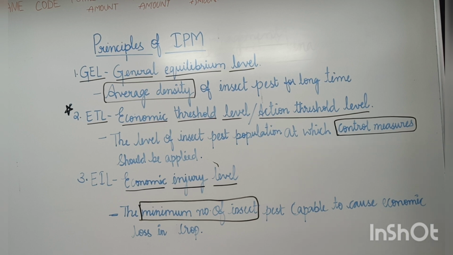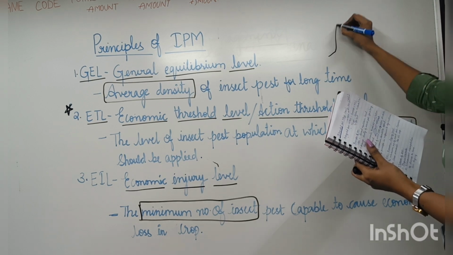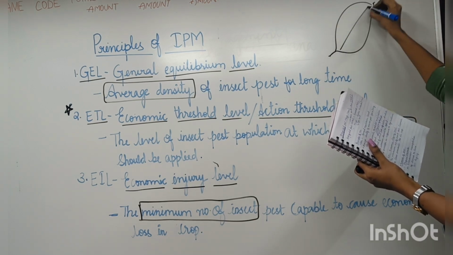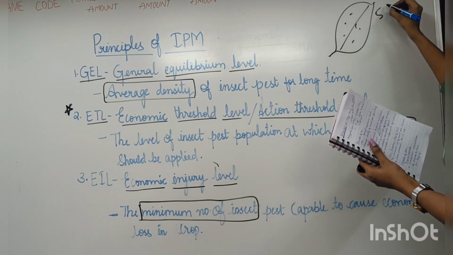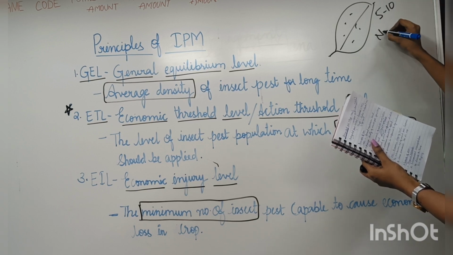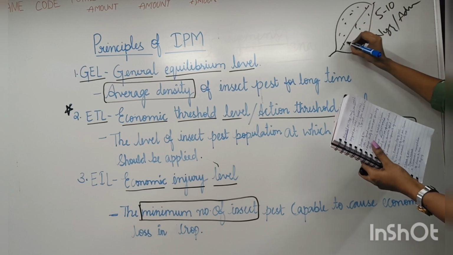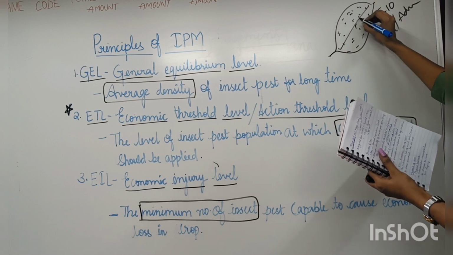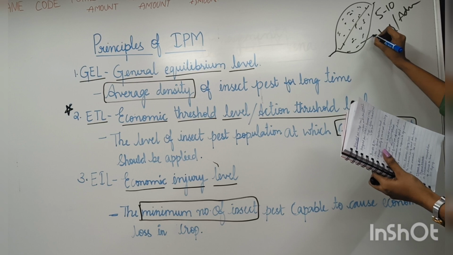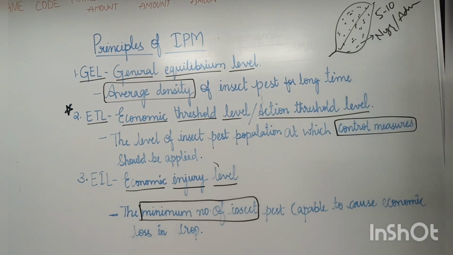To identify this level, for example, if there are more than 5 to 10 nymphs or adults in a single leaf of the plant, then we have to apply the control measures. That is the economic threshold level.